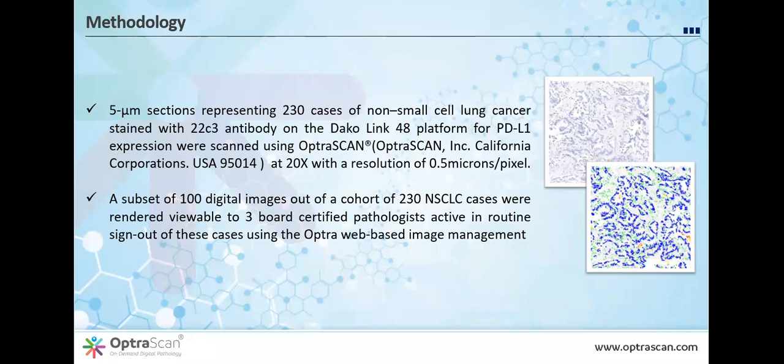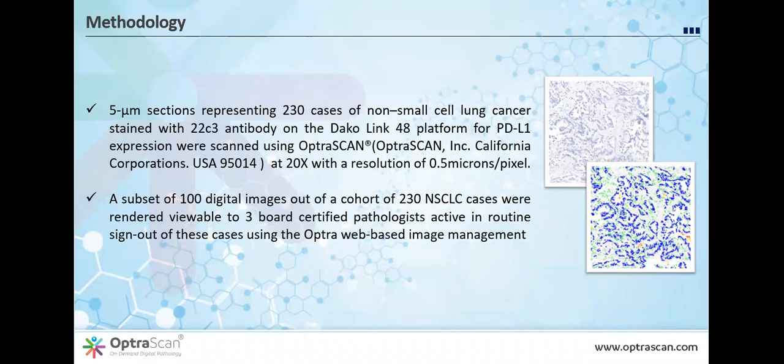A subset of 100 images out of a cohort of 230 were rendered viewable to 3 board-certified pathologists active in routine sign-out of these cases using the Optra web-based image management system. We assessed interpretation first by pathologists and second by the PD-L1 image analysis scores.